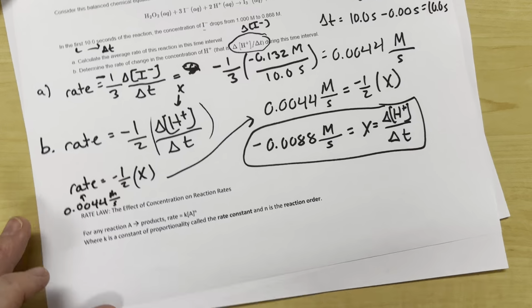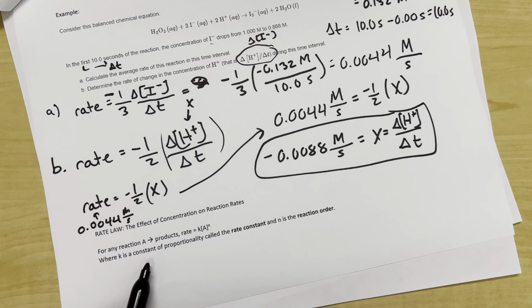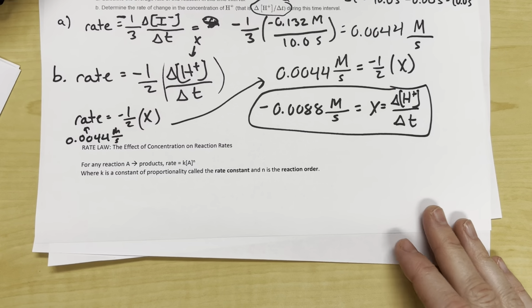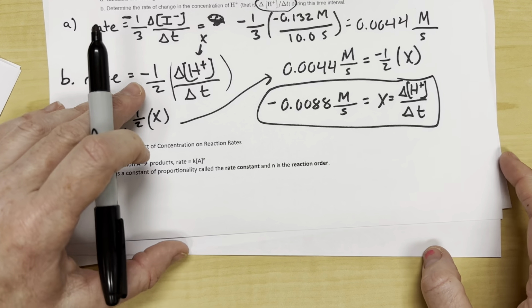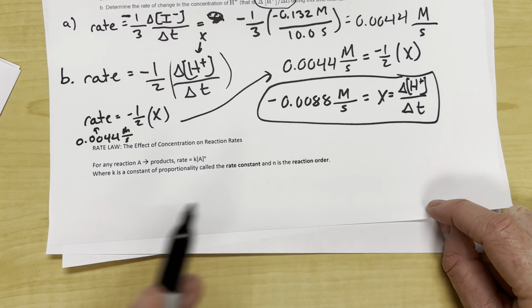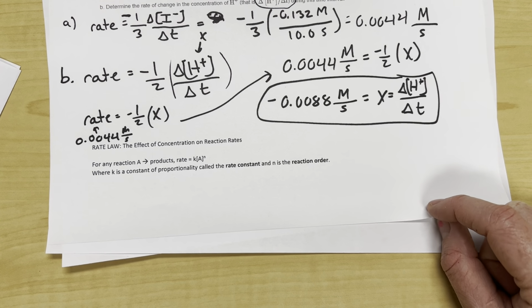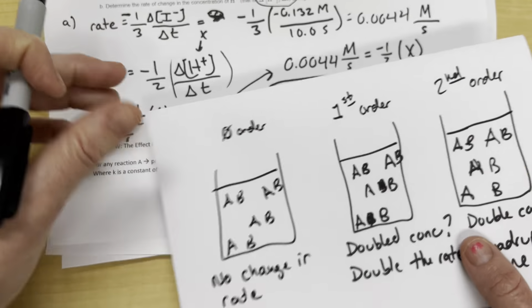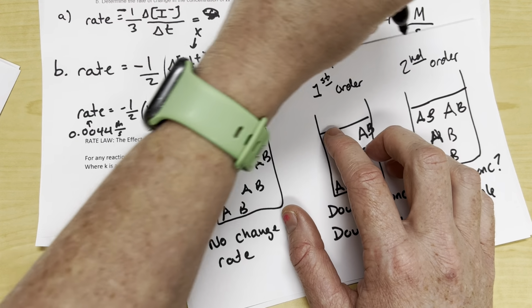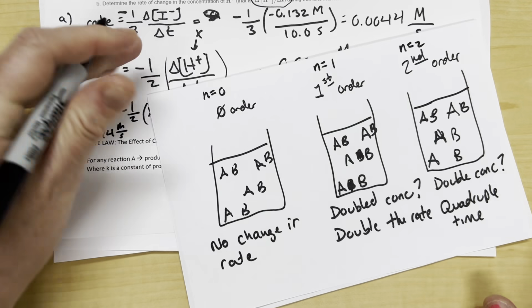All right. So K is something of proportionality. It's specific to each reaction. We're going to go ahead and call it the rate constant. And N is the reaction order. So where N was 0, in a 0 order, we would set N equals 0. First order, N equals 1. Second order, N equals 2.